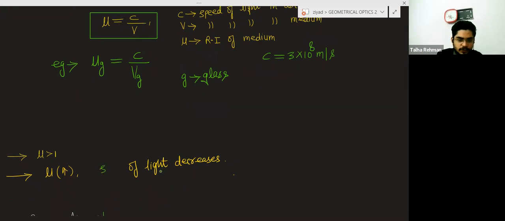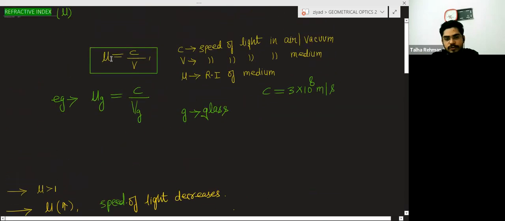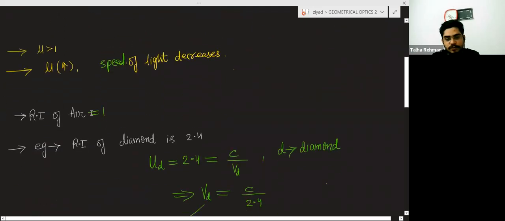So you can write: speed of light decreases when refractive index increases. If you want to calculate the refractive index of air, you put the speed of light in air in the numerator and also in the denominator. So c by c cancels out, and you get the refractive index of air equal to 1.